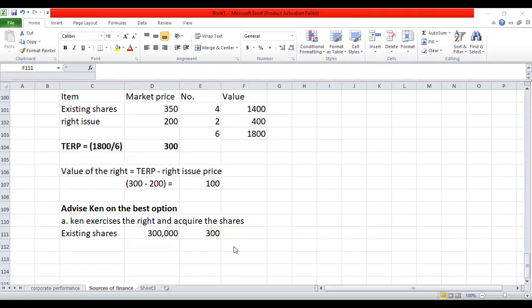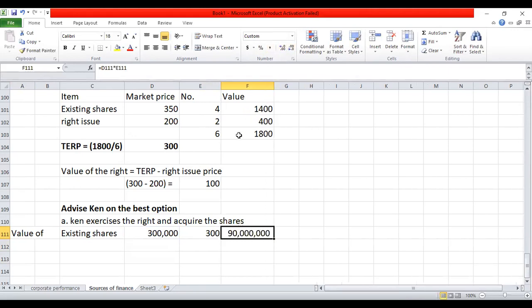These shares will be valued at the theoretical price. So this is the value of existing shares. So I'll have this times this. Now, what is going to be the value of right issue?